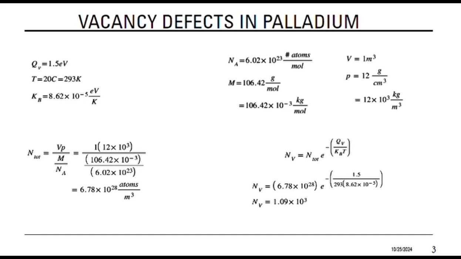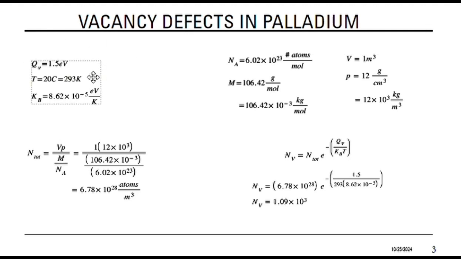Now we're on to the next one, vacancy defects in palladium. It is the same formula, but some things are slightly different. The QV, the vacancy defect energy of silver, was 1.1, and this one it is 1.5.